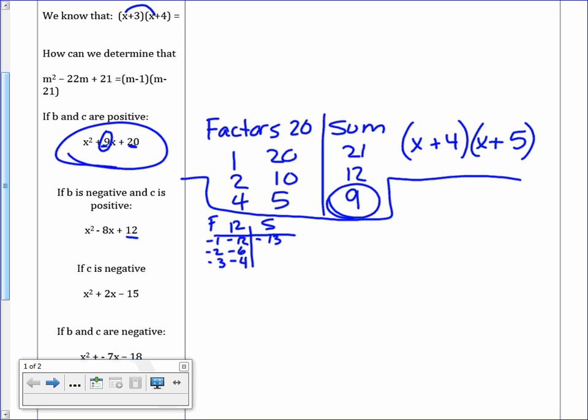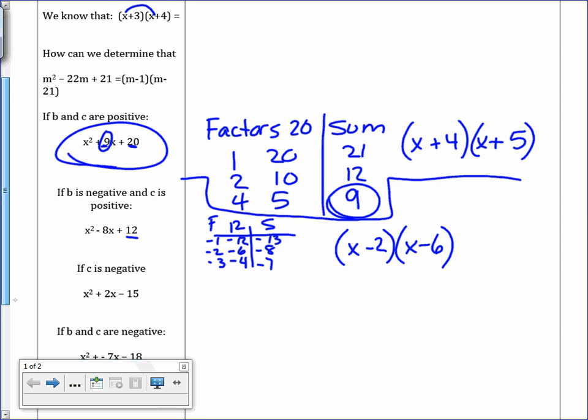Negative 2, negative 6, there's my negative 8. And negative 3 and negative 4 wouldn't work because it's negative 7. So I would use that to say x minus 2 times the quantity x minus 6. So we've just factored our trinomial to figure out the binomials which equal it.